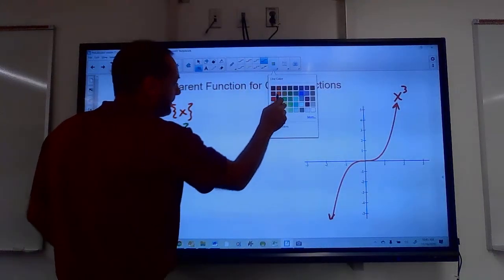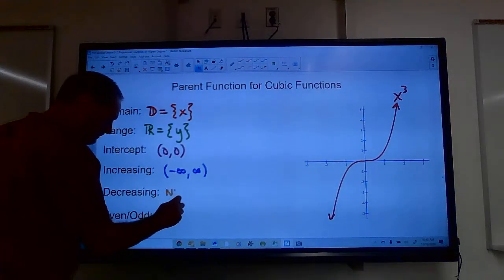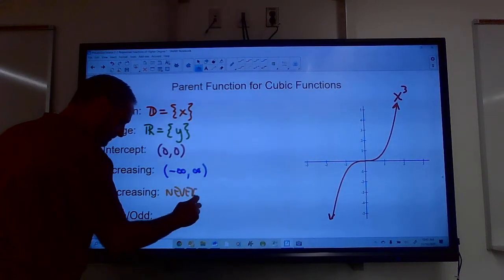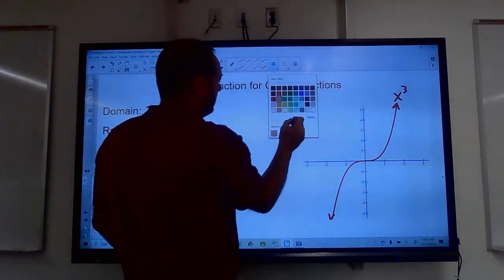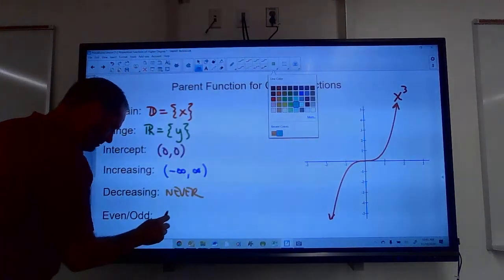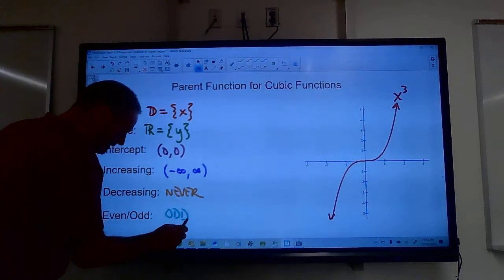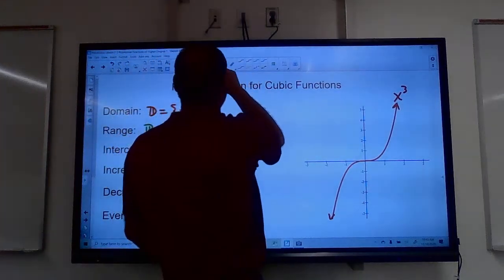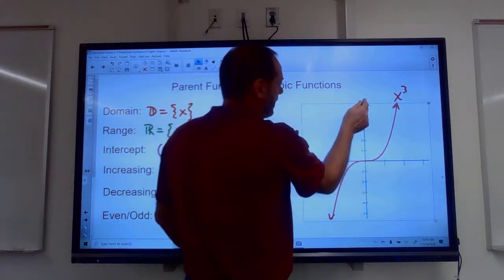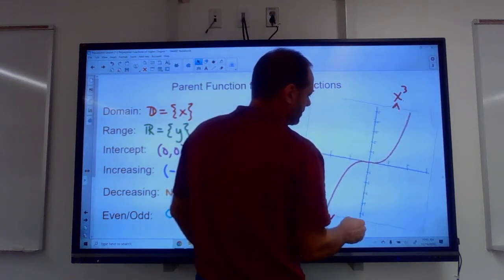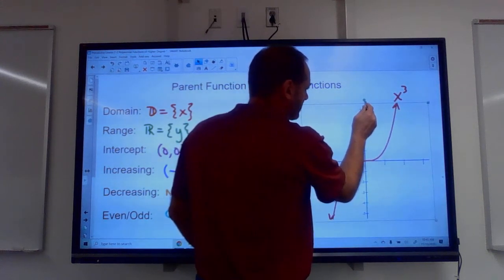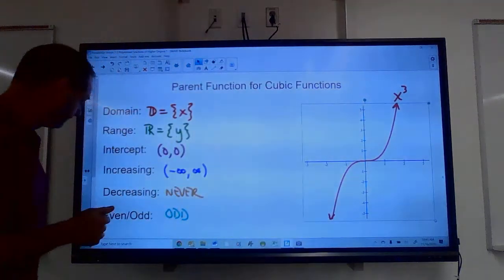It is never decreasing. It is an odd function. It's odd because I can take this equation and rotate it 180 degrees and I get exactly the same equation. So it's symmetric to the origin.